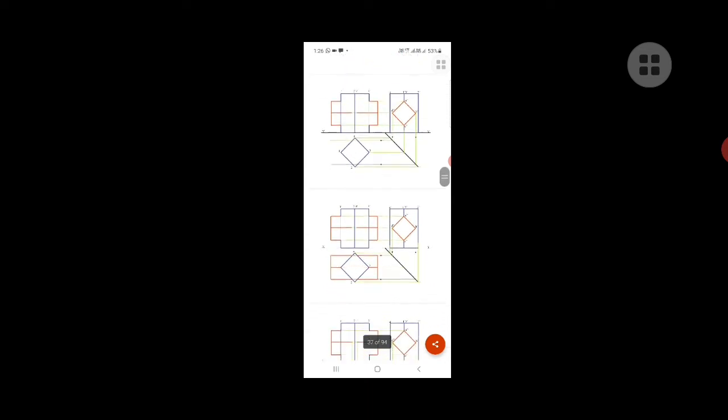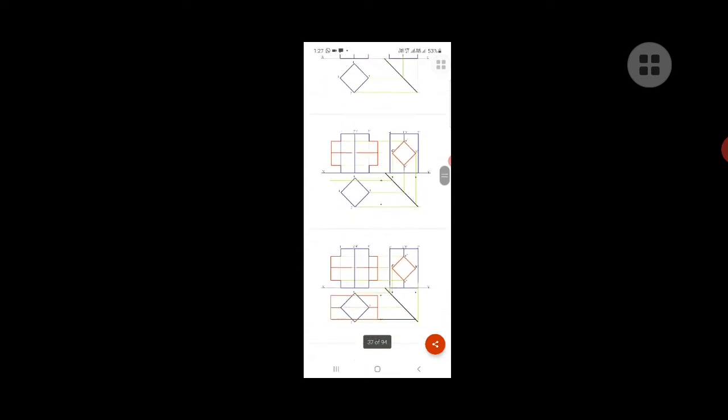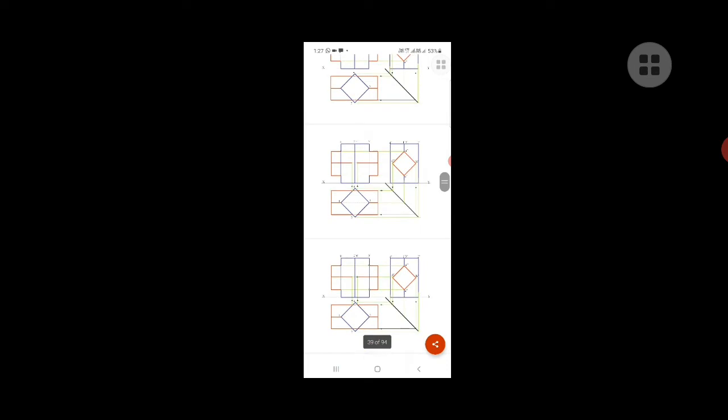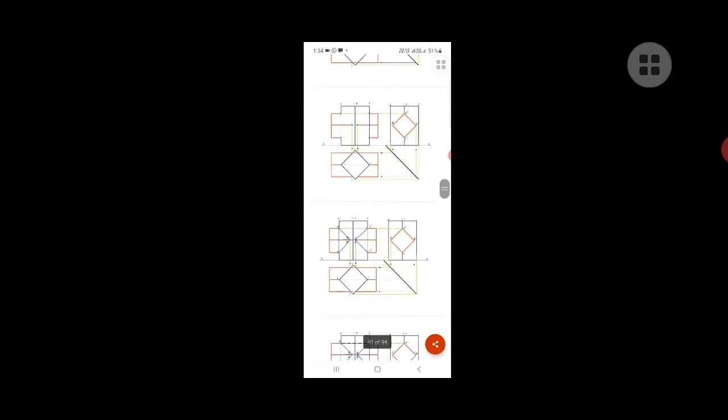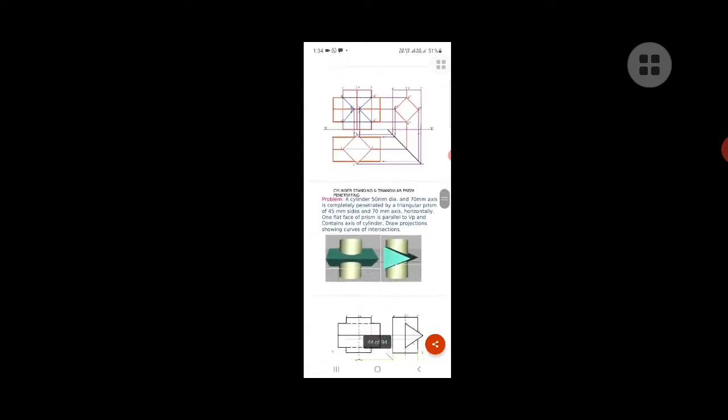Marking on this is the procedure. This diagram shows the different types of prism. So this is the required answer.